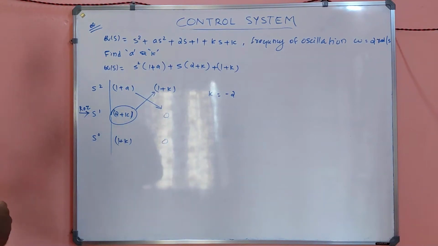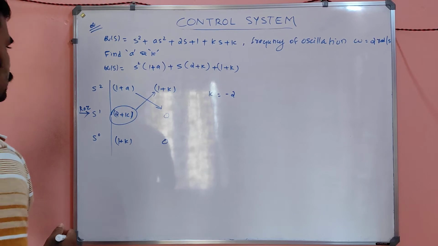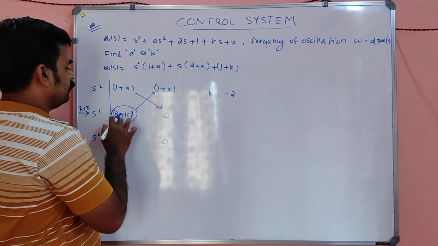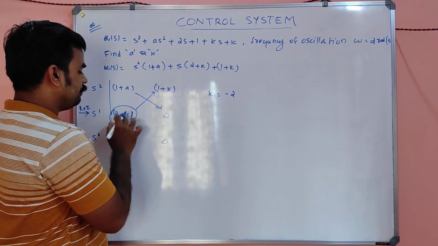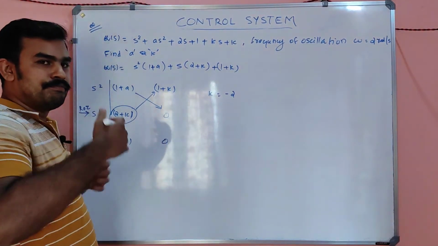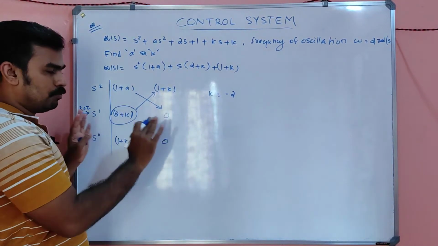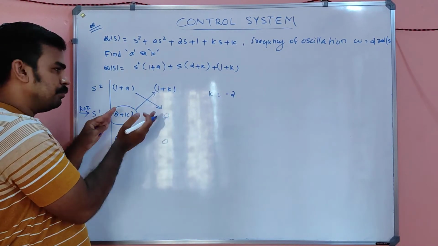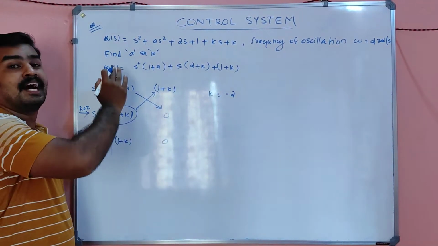Okay, so now you got the value of K, but we have to find the value of A also. Am I right? How can we proceed if it is in normal condition? If this is 0 and this is 0, then make the auxiliary equation.